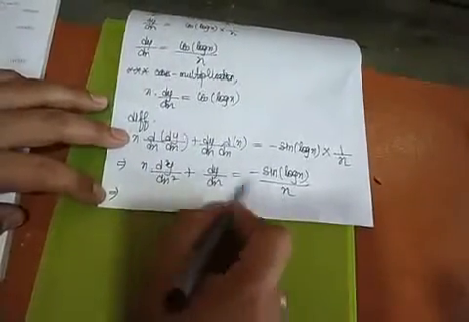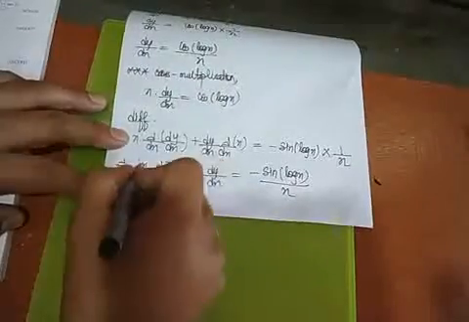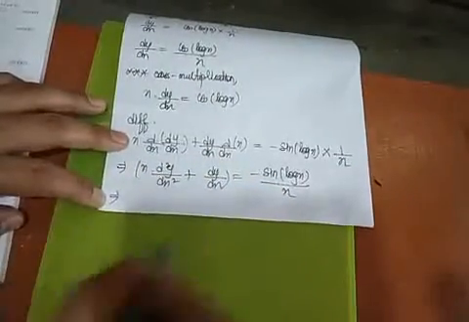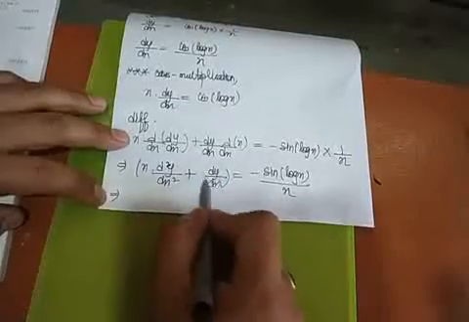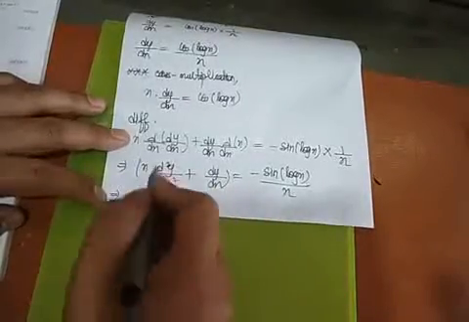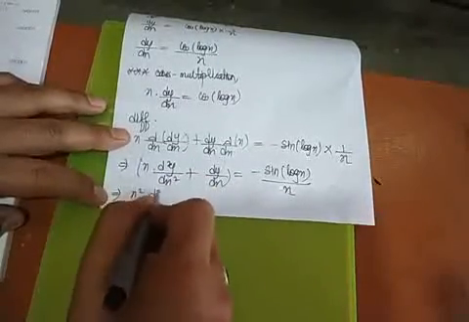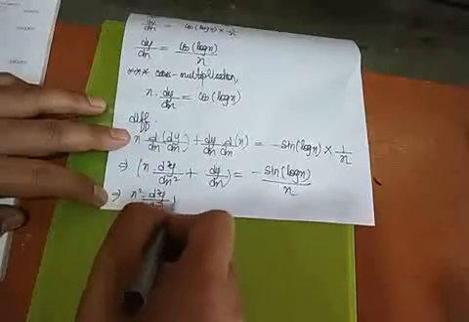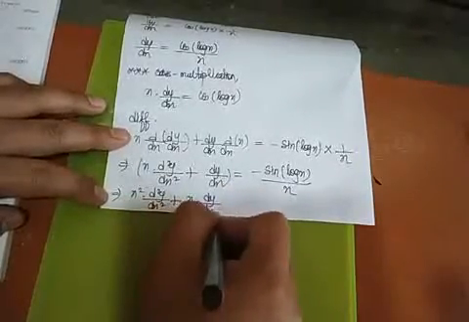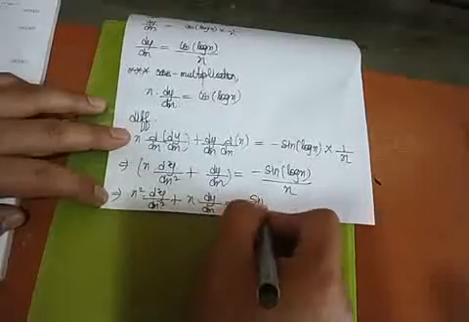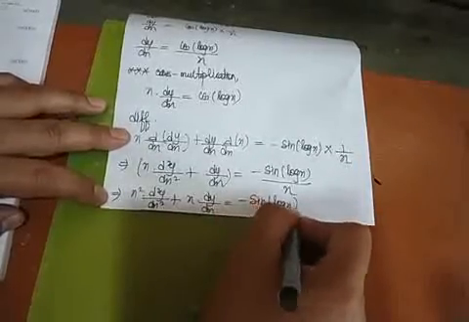If I cross multiply with x, because see, there's a bracket, isn't it? So x multiplies with the first term, x multiplies with the second term as well. So x into x will be x square d2y by dx square plus x into dy by dx is x dy by dx, which is equals to minus sine log x.